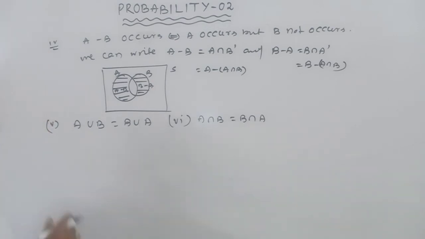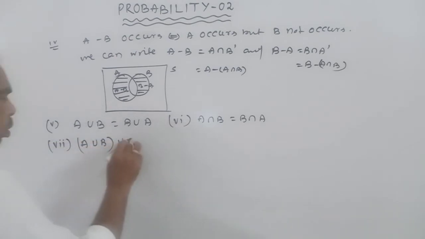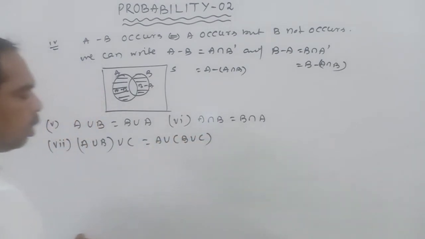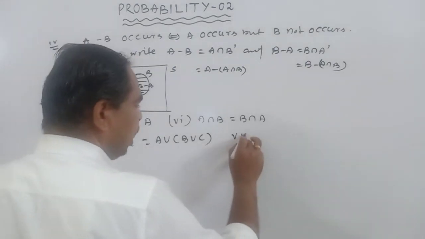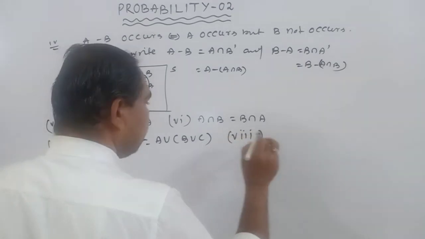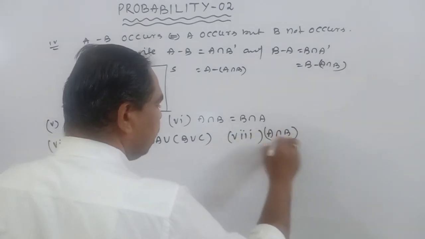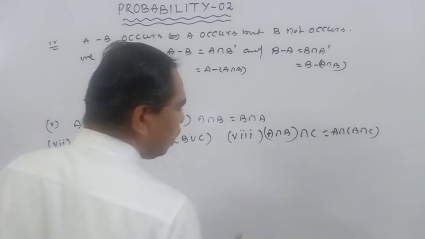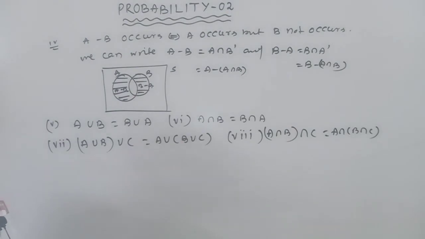Seventh one: A union B union C is equal to A union B union C, the associative law is satisfied. Eighth one: A intersection B intersection C, the associative law is satisfied.